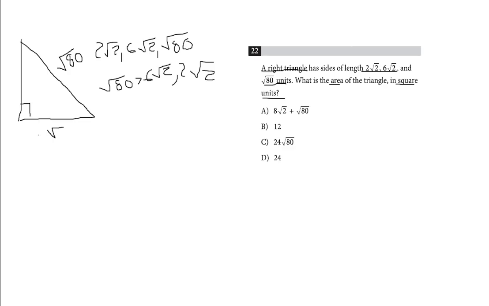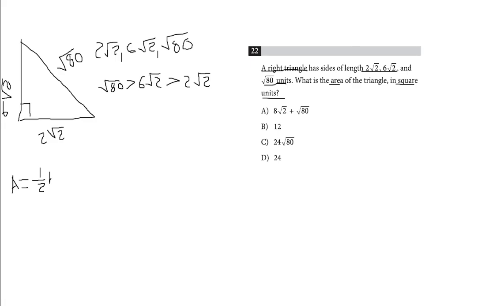If you aren't able to match each side length to the right side, you'll put the wrong base and height when you calculate area. We're going to have 6 root 2 as our leg. Now, the formula for area is area equals 1/2 base times height.